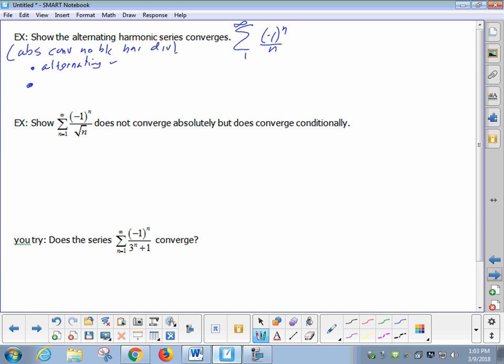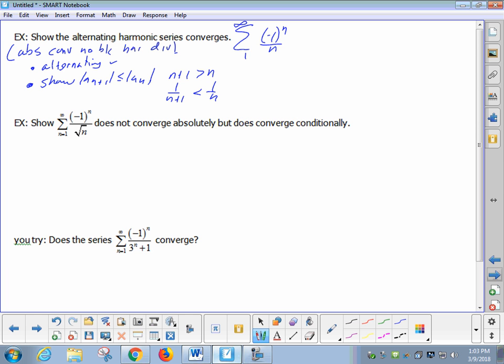Second, do the terms decrease? To show this, it's a lot like the inequality work we've done before. Wouldn't you agree that n plus 1 is greater than n? Yeah. Wouldn't you also agree that 1 over n plus 1 is less than 1 over n? Yes.